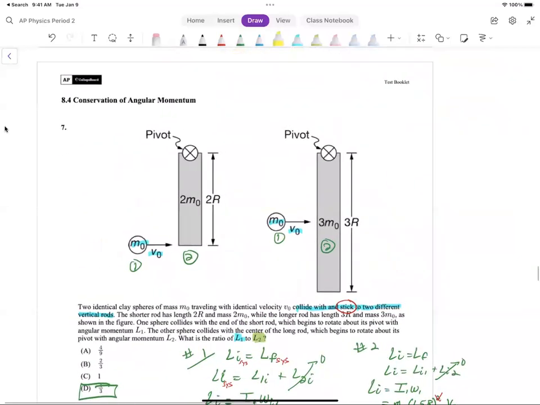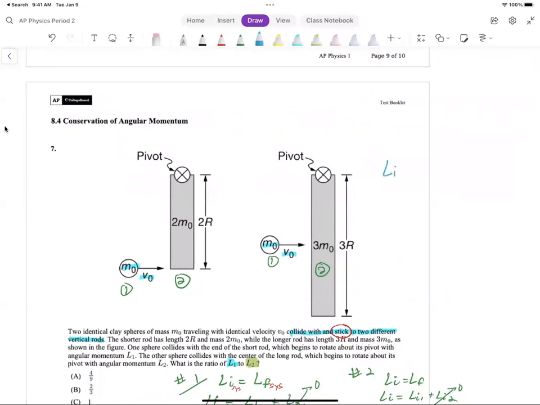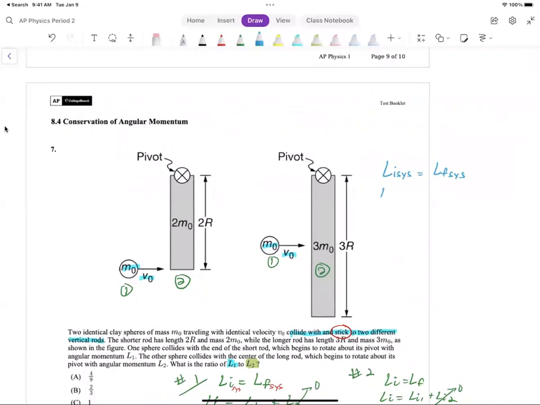Last one, I think. I have a situation where the mass of the clay hits the stick and sticks. Again, no outside torque. Initial angular momentum of the system has to equal the final angular momentum of the system. The only thing that's traveling or has an initial momentum in the system is object 1.